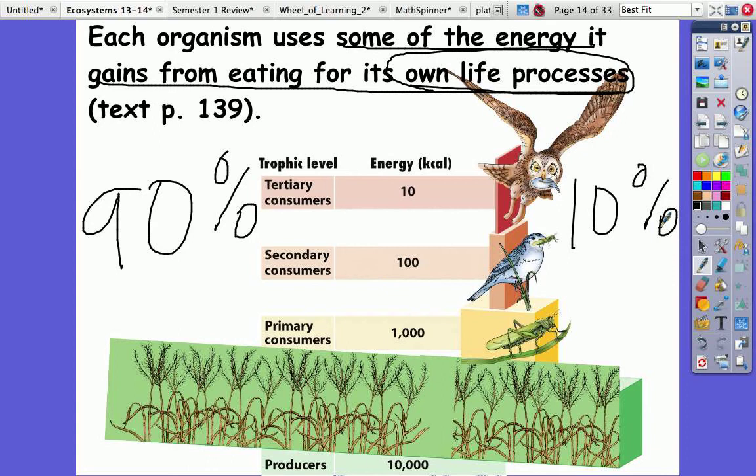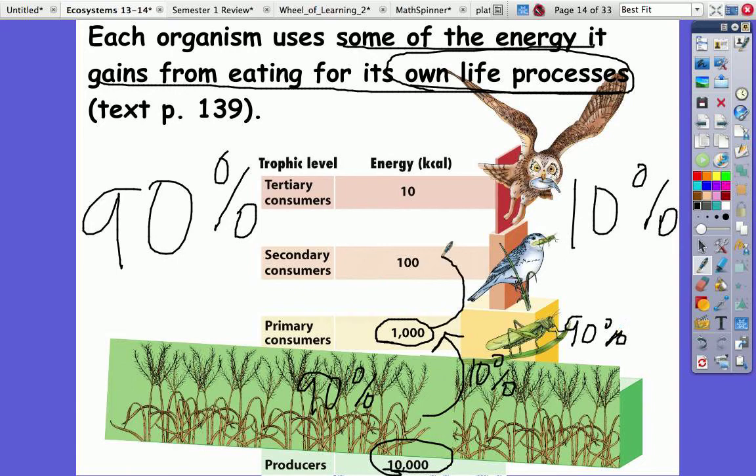For example, these producers have 10,000 kilocalories. That means this plant uses 90% of it to live, and 10% can be passed on. Which means when the grasshopper eats the grass, it is only gaining 1,000 kilocalories. Again, this grasshopper uses 90% and is only able to pass on 10% when the bird eats the grasshopper, and so forth.